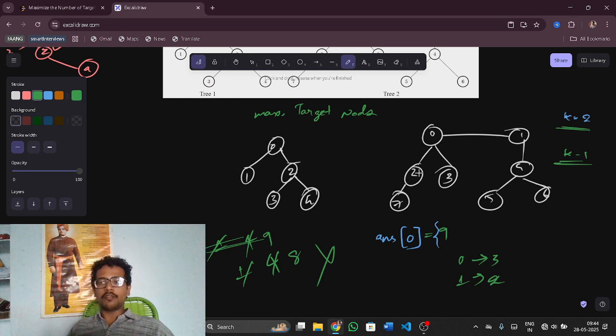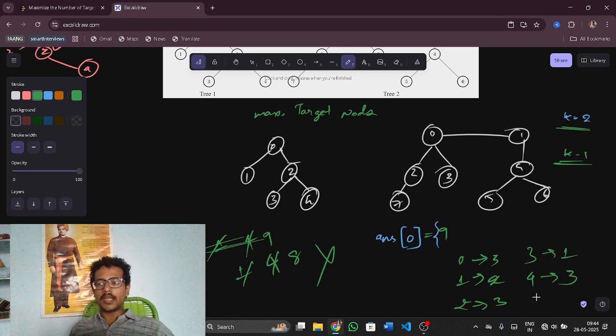Okay, I got 2. For node 2, I got 1, 2, so 2. For 3, let us check. For 3, I got only one node. For node 4, I got 1, 2, 3. For node 4, I got 3.